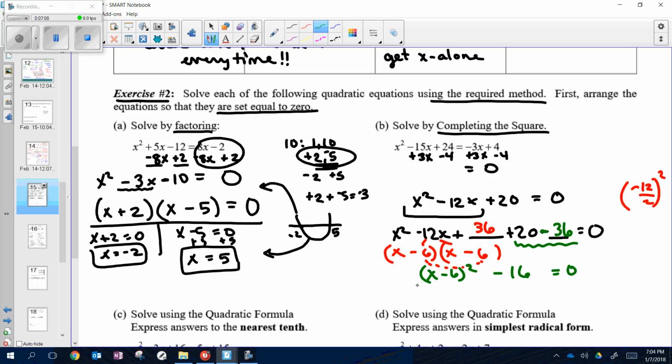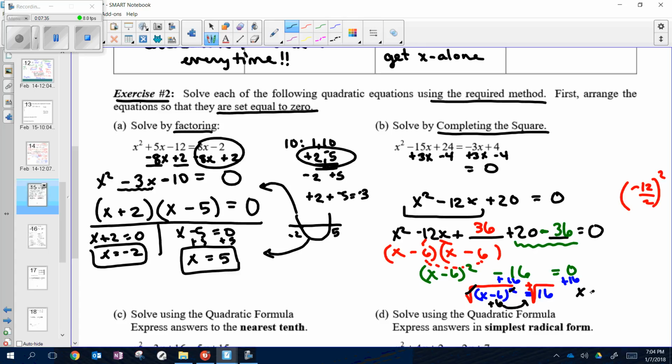Now what I'm doing is using inverse operations. See how there's only one x? I'm going to get x alone. Add 16 over to the other side. So I have x minus 6 squared equals 16. I'm going to take a square root, and when I do, I'm going to put a plus or minus, so I get two values out of that. That cancels. Add 6 in front of the plus or minus.